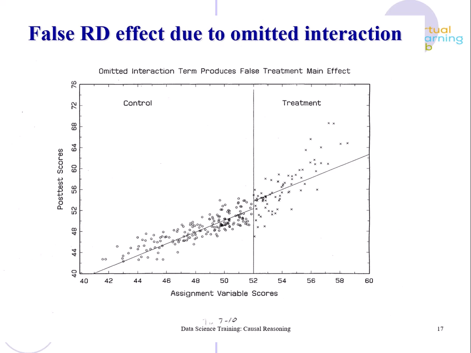You could also have an interaction here. The slope of the regression of post-test on the assignment variable changes after the cutoff, and this needs to be modeled, or else you also will obtain a biased estimate of the local average treatment effect.